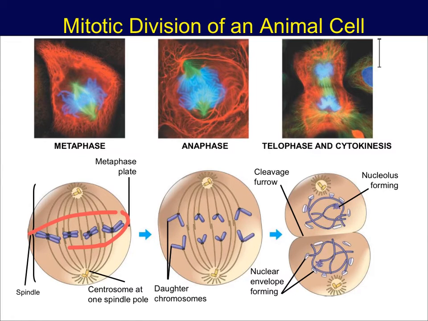And then they go into anaphase, being pulled apart into daughter chromosomes. Then there's telophase, where a new nuclear membrane starts to form around each part of the DNA for each nucleus, and then a cleavage furrow follows.